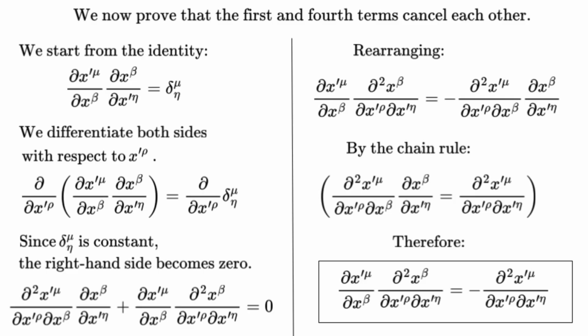We now prove that the first and fourth terms cancel each other. Please pause here and verify each step at your own pace.